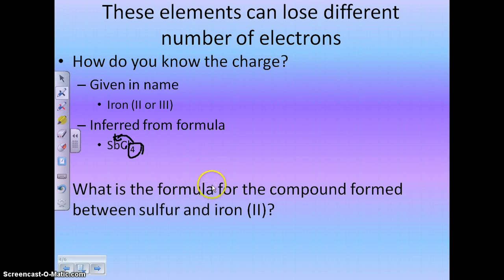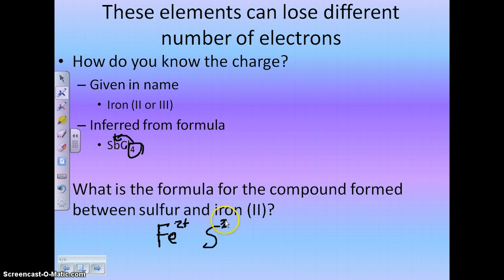So what is the formula for the compound formed between sulfur and iron 2? Well, we've got iron, and iron has a 2 plus charge as indicated by the Roman numeral 2. And then we have sulfur, which is a 2 minus charge.